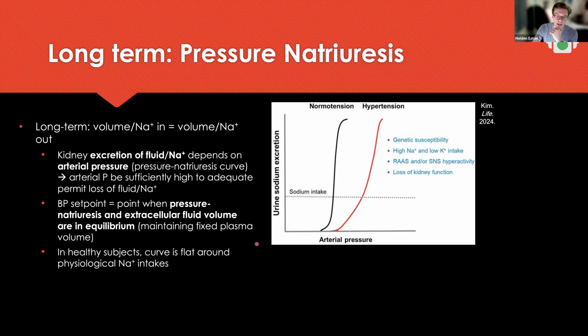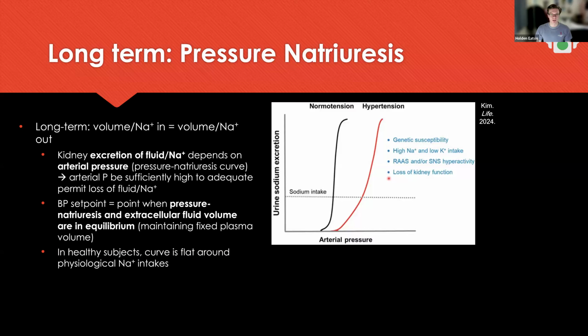And as I said here, in healthy subjects, the curve is sort of centered around a normal sodium intake. And you get here a little peek into the pathophysiology of hypertension, which we'll talk about more later. But something in the pathophysiology, maybe one of these blue points here, changes the slope of the curve and therefore the relationship between arterial pressure and sodium excretion.